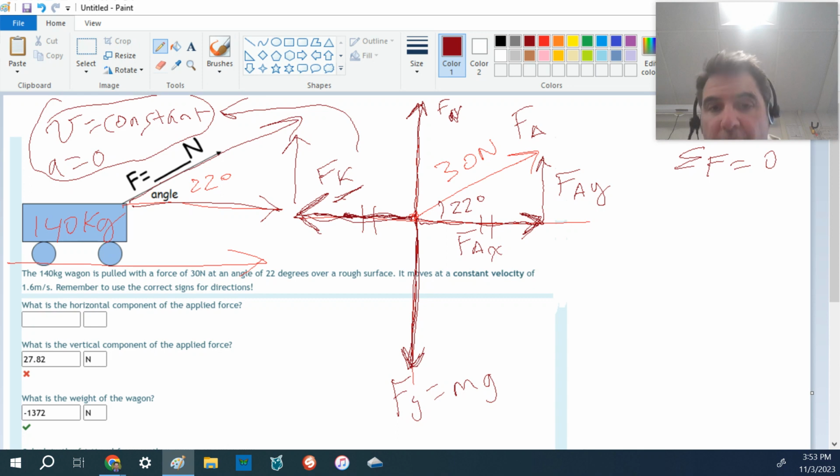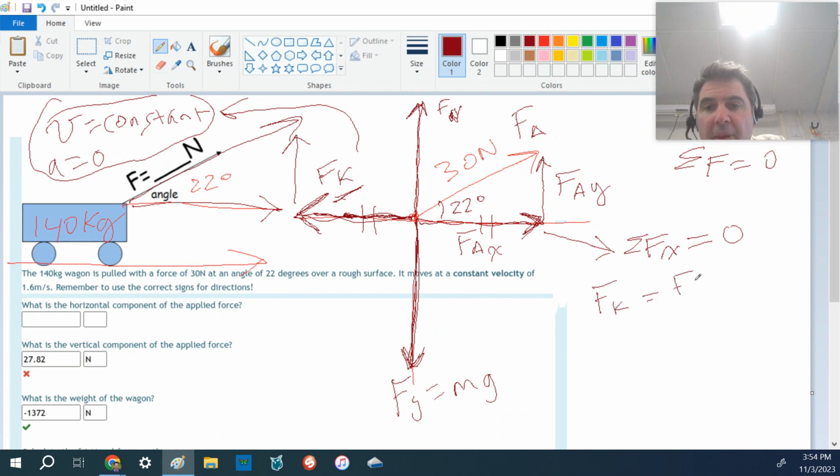There's no unbalanced force, okay? And so the sum of the forces in the x direction is going to be 0, right? And so that means that Fk will be equal to Fax. You just got to remember that Fax is to the right and it will be positive, and Fk will be to the left and that'll be negative.